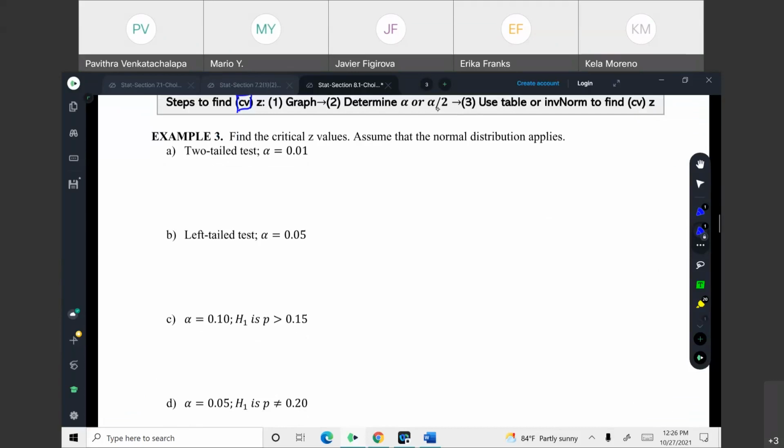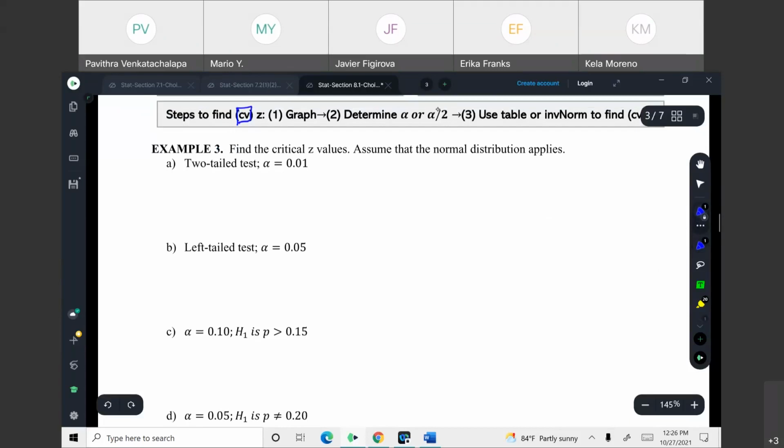Now, when you have a two-tailed test, your normal distribution looks something like this, right? You have area under each tail. Remember from the previous chapter, alpha was 0.025. Now, if your alpha is 0.01, this was alpha by 2, this was alpha by 2.